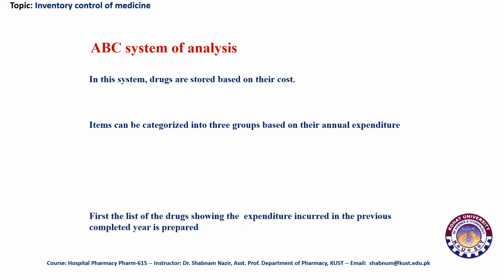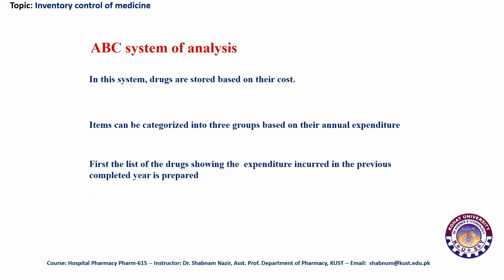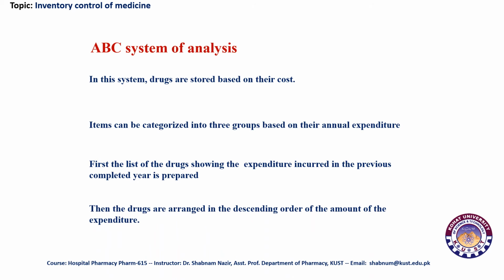The method adopted is such that on the basis of the expenditure incurred in the previous completed year, a list of drugs is prepared, and then drugs are arranged in descending order of the amount of expenditure. At the top of the list would be the drugs with the highest amount of expenditure, and below would be the drugs with expenditure decreasing gradually.